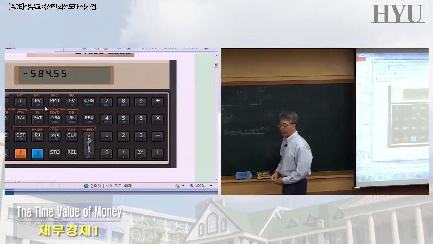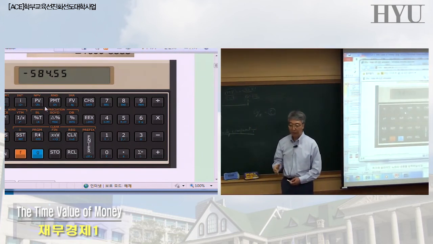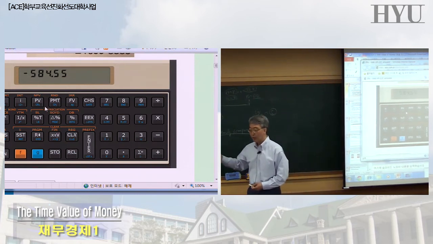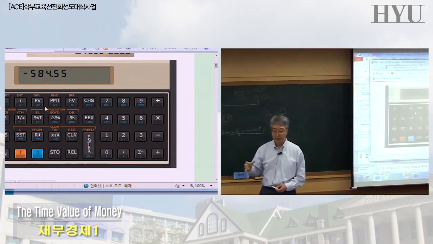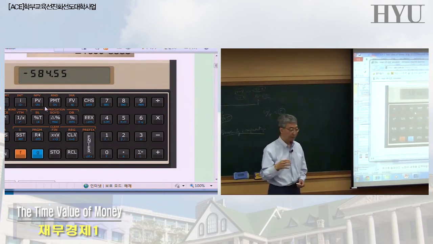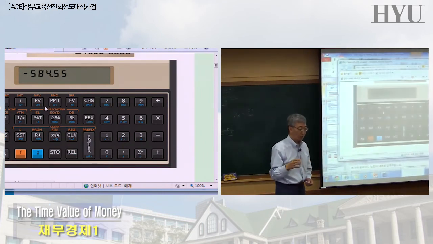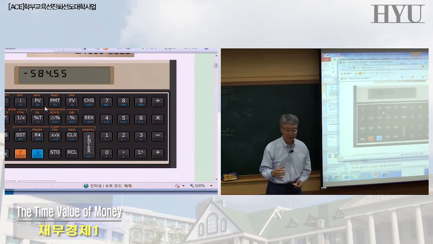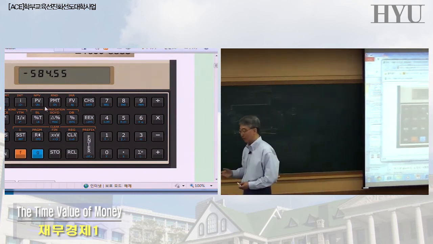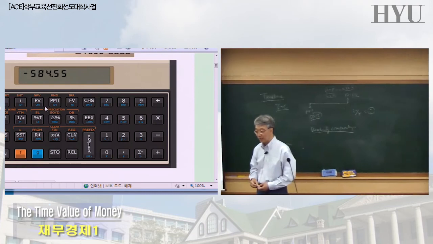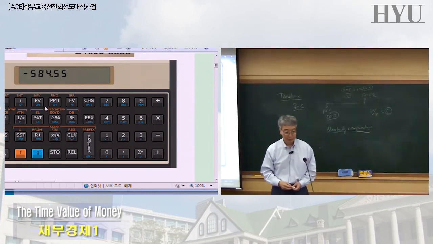So you are compounding 32 times, and each time you are using 5% interest rate. It's just like 32 years at 5% annual rate, or 32 quarters at 5% quarterly interest rate. You will get the same answer, of course, because n is 32 and I is 5. You can do it that way, right?